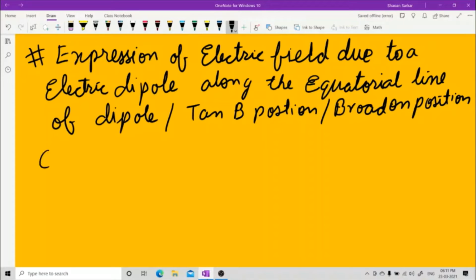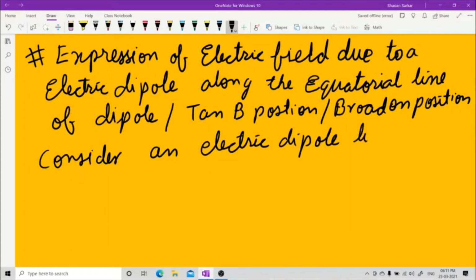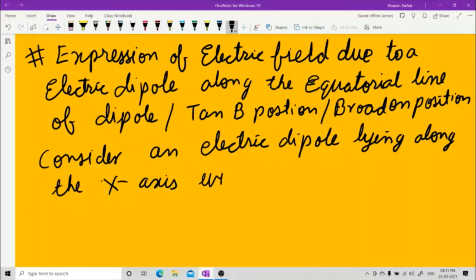So now consider an electric dipole. Consider an electric dipole lying along the x-axis, with the negative charge, minus q, on the origin.